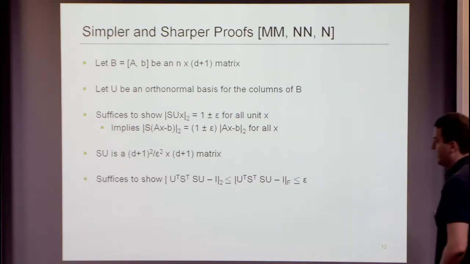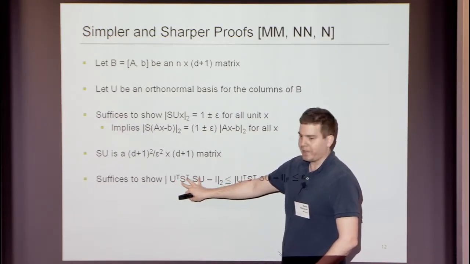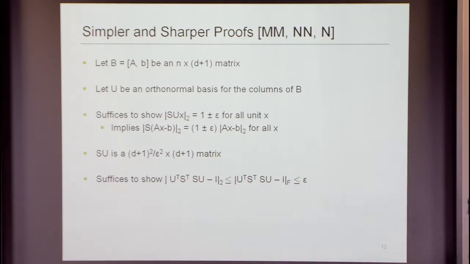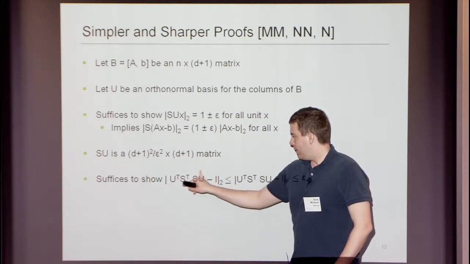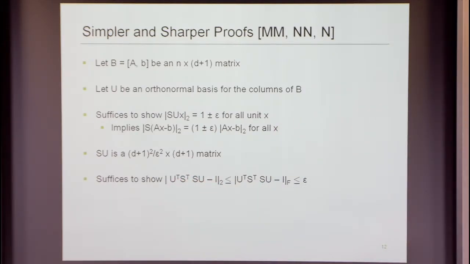Okay. Well, what does that mean? Well, if I look at U transpose S transpose S times U, like the square of S times U, all the singular values of that are also between 1 plus or minus theta epsilon, right? Okay. Well, if I subtract the identity from that, then I'd like all the singular values there to be at most theta of epsilon.